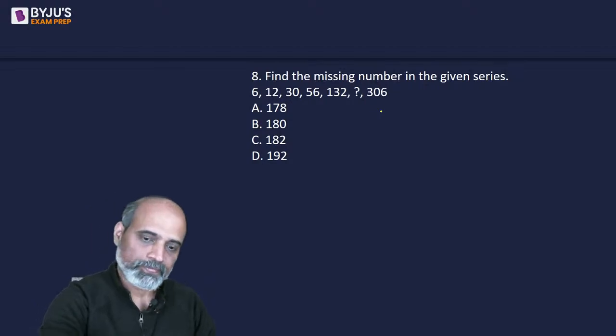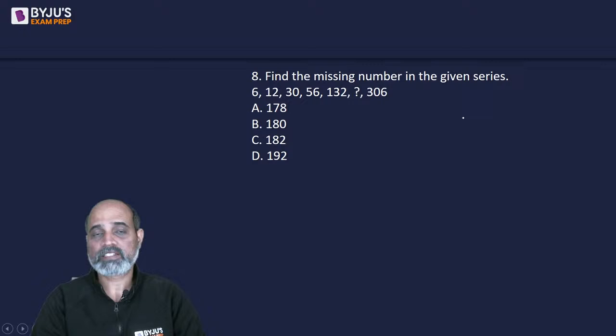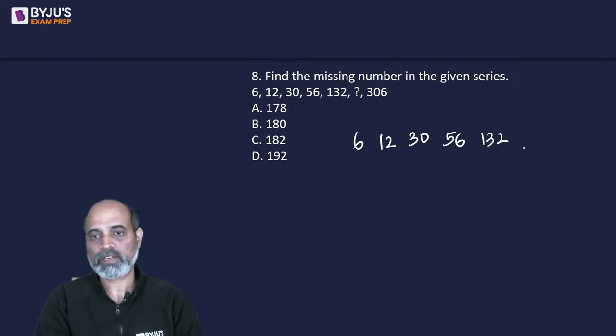Okay. Next, missing number in the given series. 6, 12, 30, 56, 132, something is missing, 306. So 6 to 12, and 12 to 30, and 30 to 56, and 56 to 132, and there is a missing value, and then we have 306.